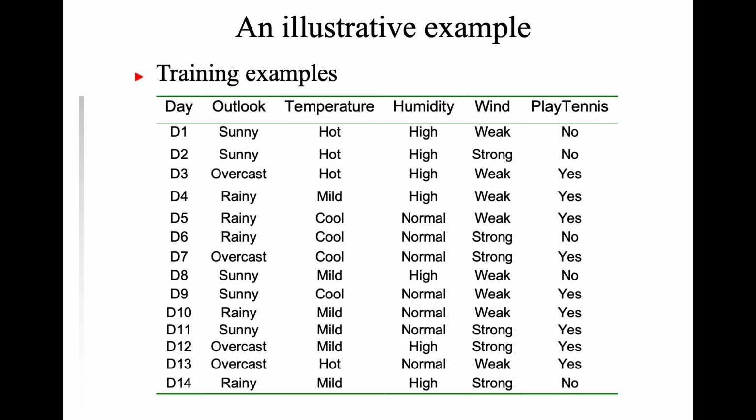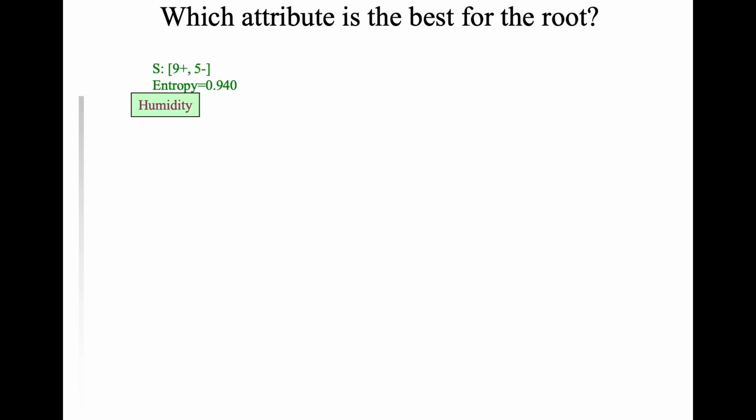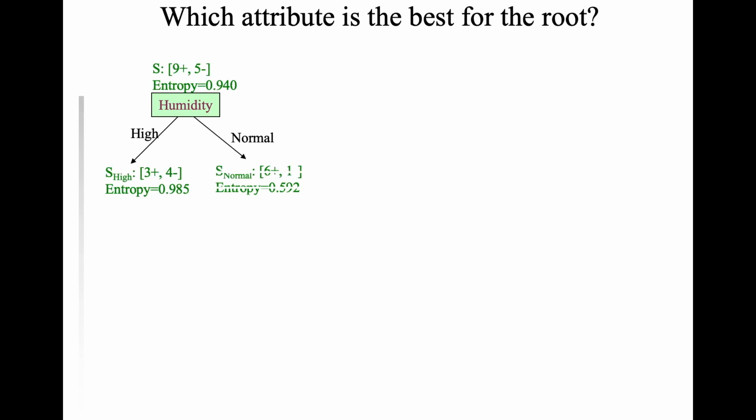Now I say, okay, what would be the entropy of S high? We calculated that based on the same formula that we did here. So we say the probability of being in class yes and the probability of being in class no. So 3 over 7, and 4 over 7, and this number is 0.985.